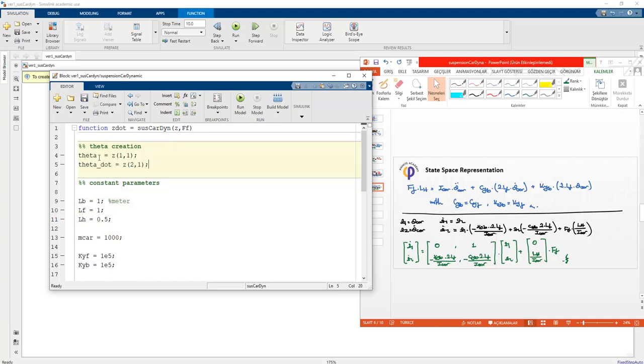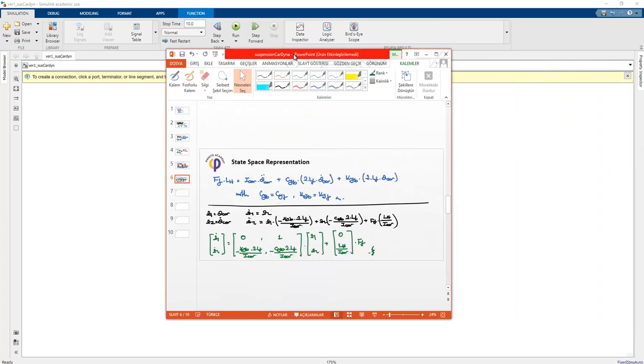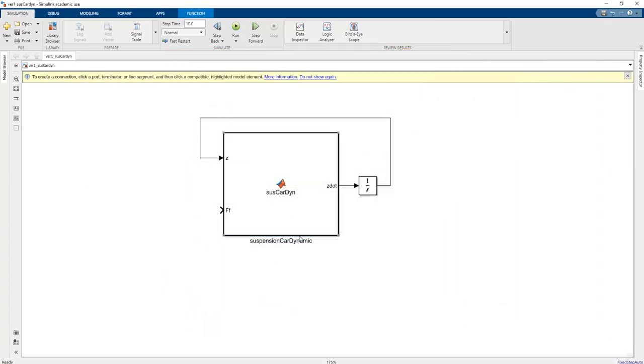Okay, these are state parameters, and so we can use them in order to calculate how much force is on the suspension system. Okay, these are the general notation of this code, and so we can emulate this diagram by using this notation.